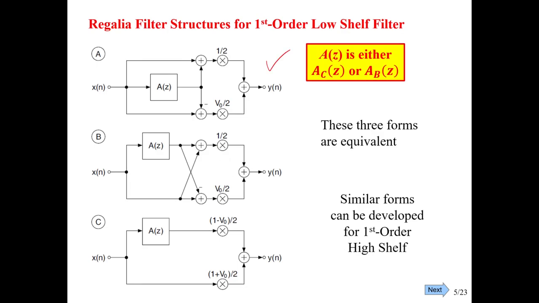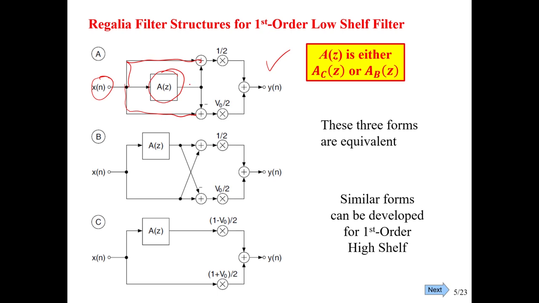So you should be able to convince yourself by tracking your way through this block diagram that it does indeed give what we had on the previous page as far as the equation goes. But the signal goes into one all-pass filter, and then it also goes here and here untouched.